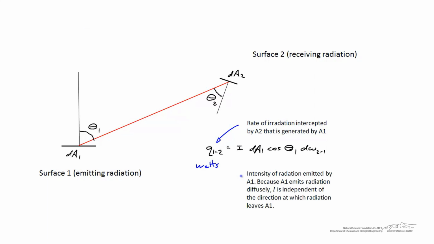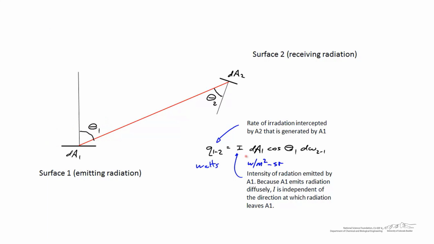This parameter I is called the intensity of radiation that's emitted by surface A1. Because A1 is emitting radiation diffusely, I doesn't depend on the angle theta1. So we could say I coming off in this direction, or this direction, or this direction, would be the same in all of these cases.